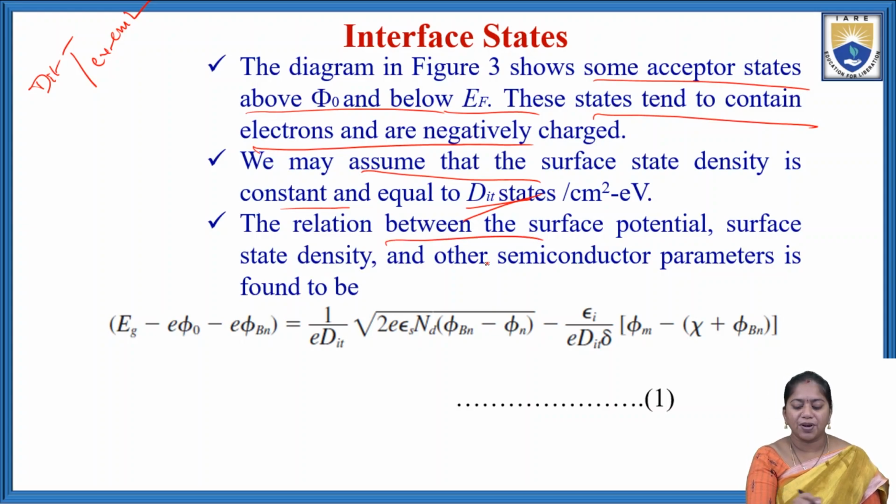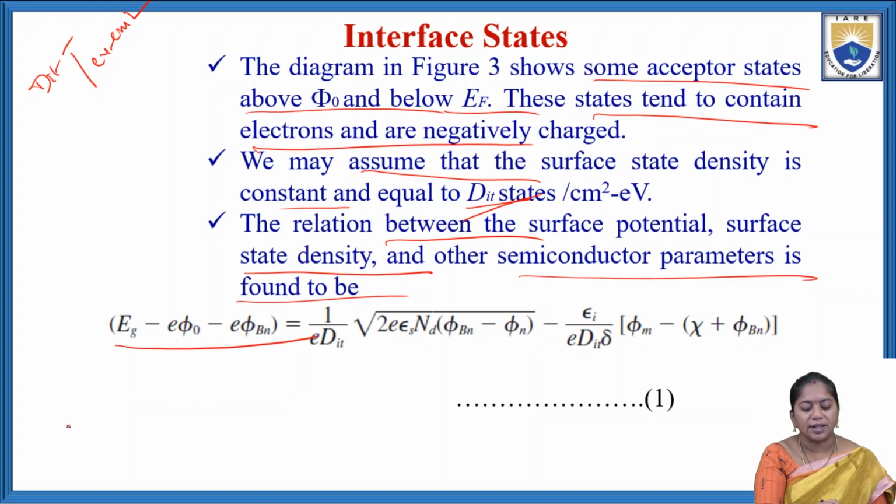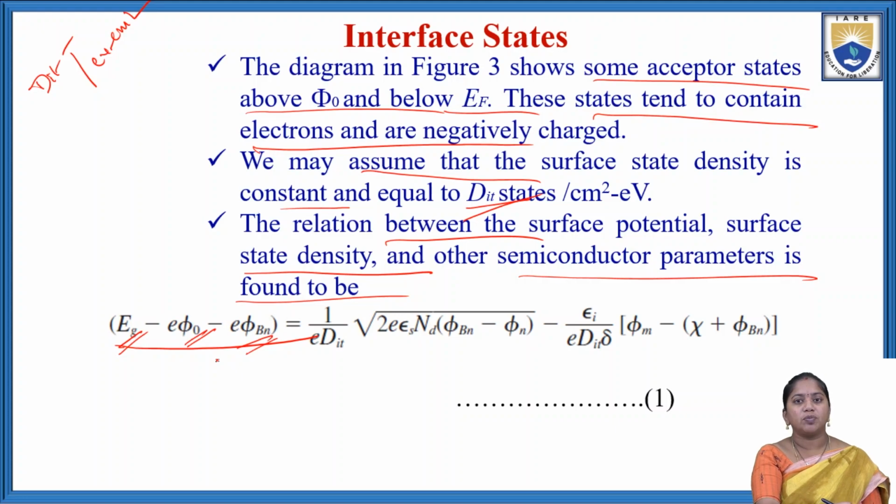The relation between the surface potential, the surface state density and other semiconductor parameters is found to be Eg minus qφ0 minus qφBn, where φ0 is the surface potential, Eg is the energy gap, and φBn is the barrier height for n-type semiconductors.